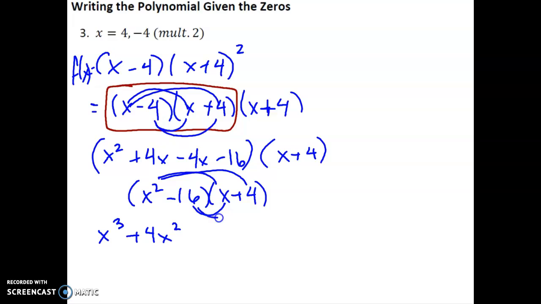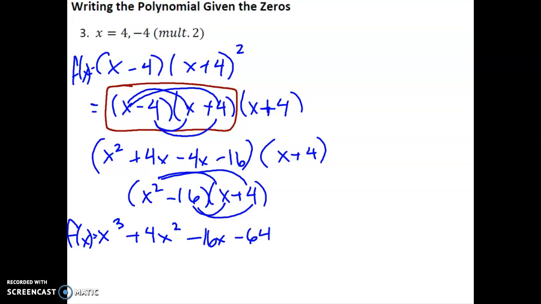And then I'll distribute my -16 into the parentheses as well. Okay, so there's my answer. I'll put my f of x again in the front. F of x equals x to the third plus 4x squared minus 16x minus 64.